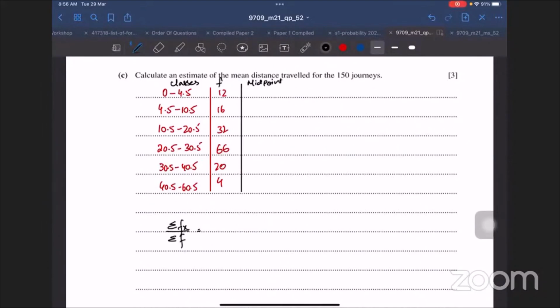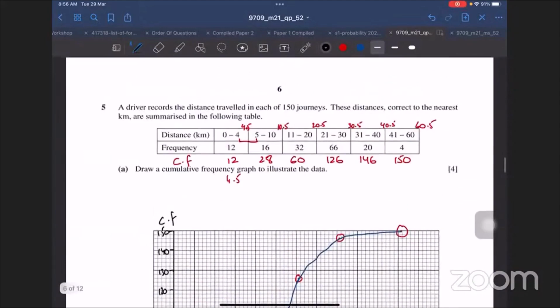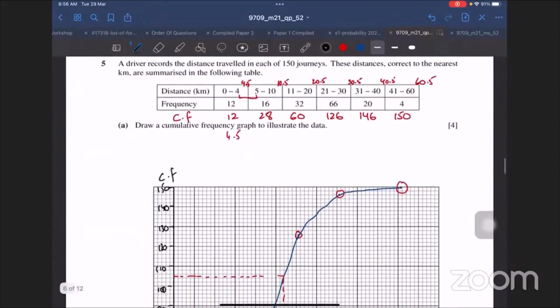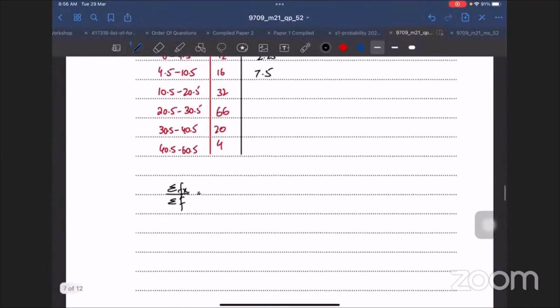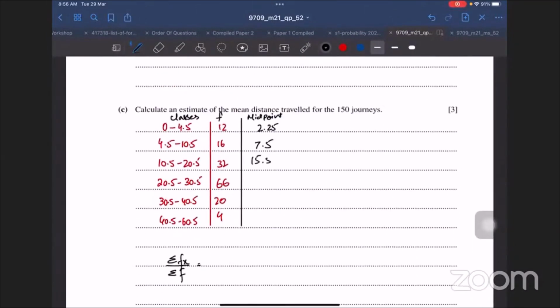The midpoint of 0 and 4.5 is 2.25. Then 4.5 and 10.5 give me 7.5. And then I have 15.5, 25.5, 35.5, and 50.5.